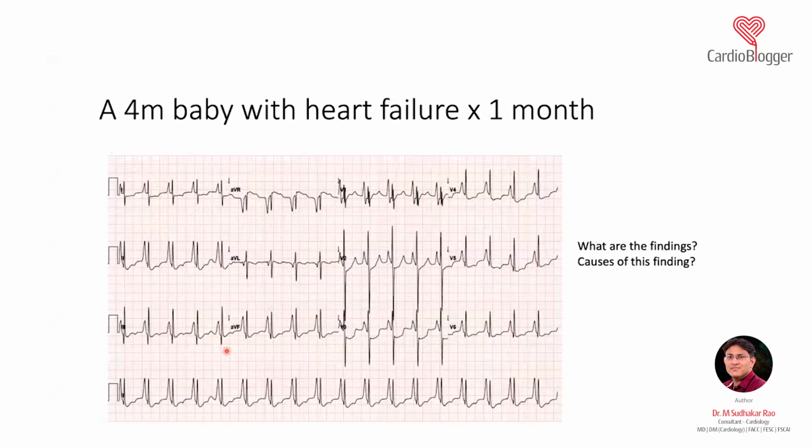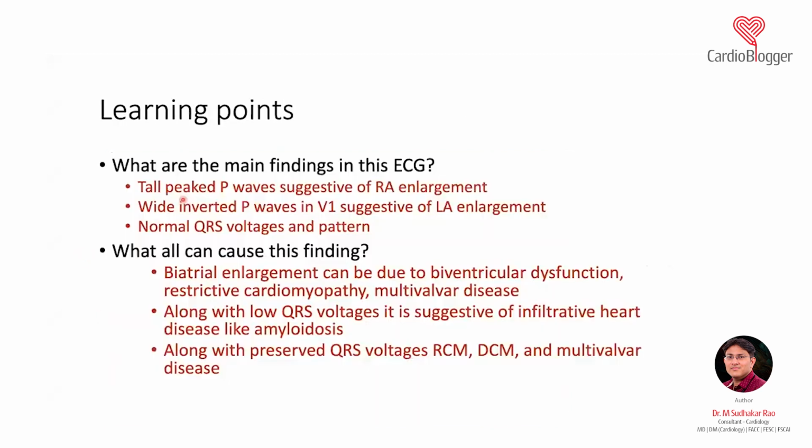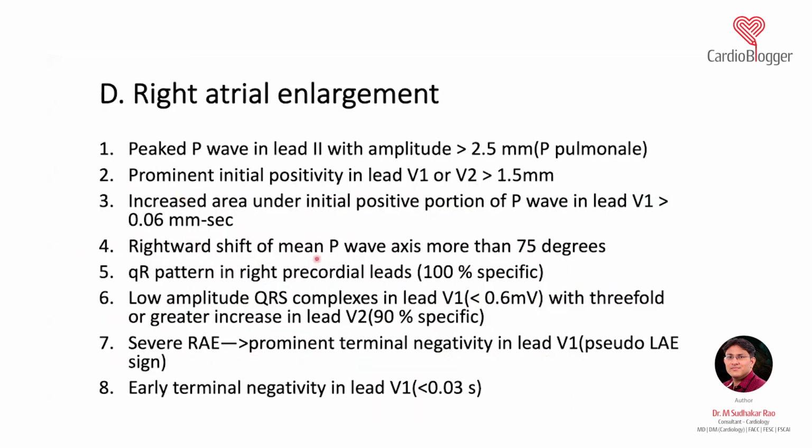It is usually a computer generated axis, and an axis beyond 75 degrees suggests a rightward axis of the P wave, which means there is some form of right atrial enlargement. Similarly, if the P wave axis is negative, that is minus 30 or beyond 0 degrees, it is suggestive of a leftward axis because of a left atrial enlargement. Now this is something I have been talking about again and again.